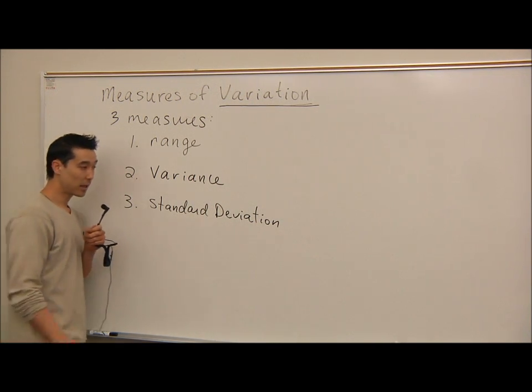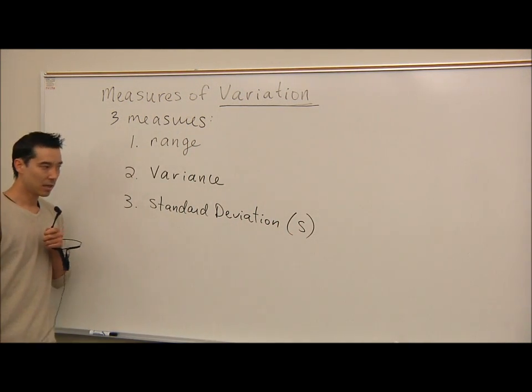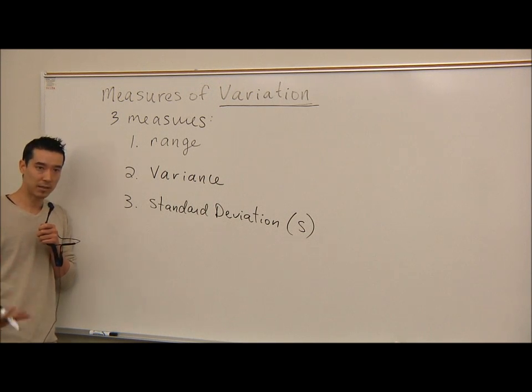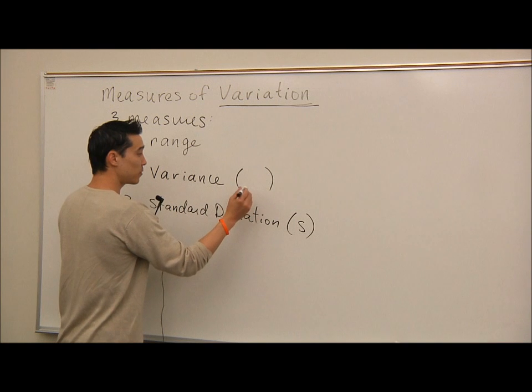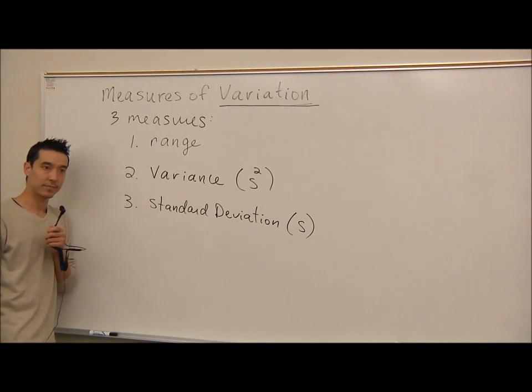All right, now what I'd like you to do is put a little s here, just to remind us. Lowercase s stands for sample standard deviation, okay? Sample variance is simply s squared, okay?